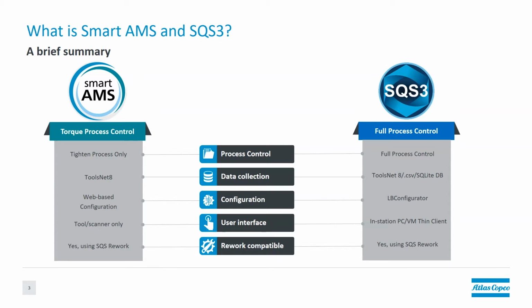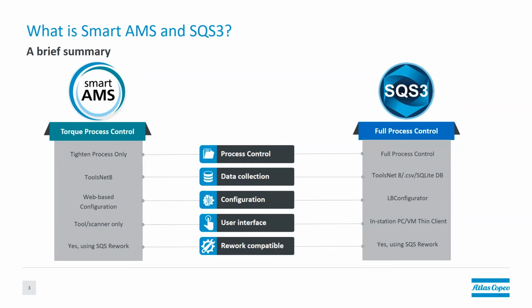Data collection, we have ToolsNet 8 with Smart AMS. SQS3, we have a couple more options with ToolsNet, CSV file on the local machine, and also SQLite database. Configurations. Smart AMS is a very simple web-based configuration setup similar to an Excel spreadsheet, where SQS configuration is a little bit more demanding as it incorporates many more features and functionalities.